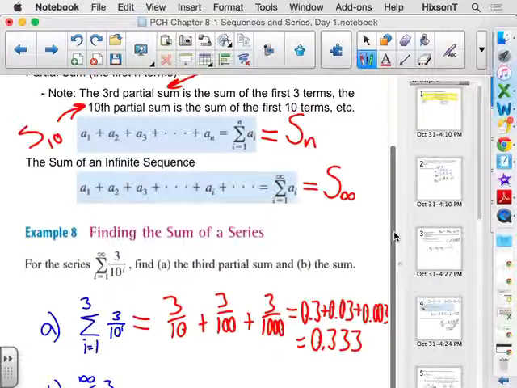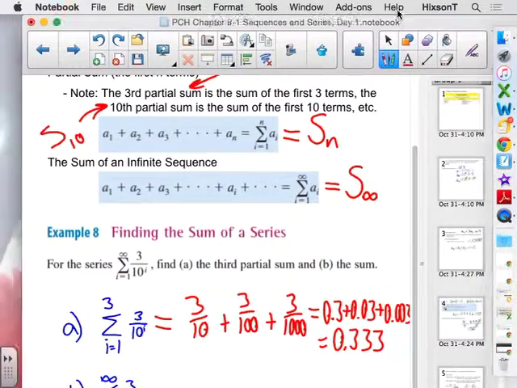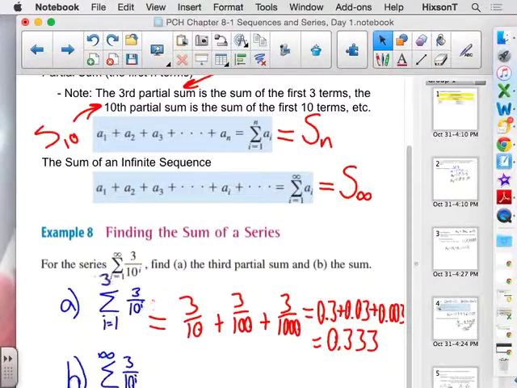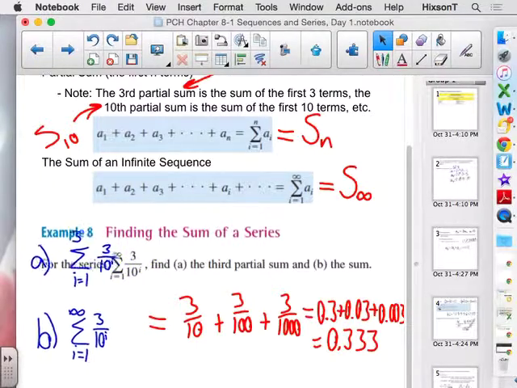However, the second part of this problem, which doesn't want to show evidently, whoops. Here we go.